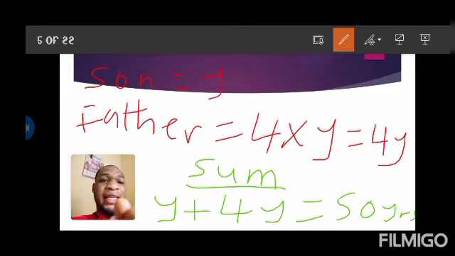The father's age is 4 times the son's, that's 4 times y, which is 4y. They said the sum of the ages, that is, we want to add them together. y plus 4y equals 50 years. So the sum of their ages is 50 years. That's why we had y plus 4y is 50 years.